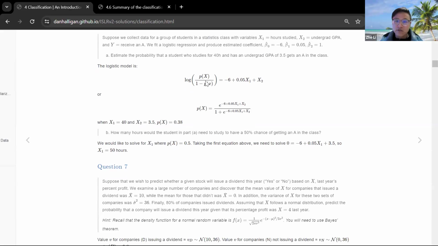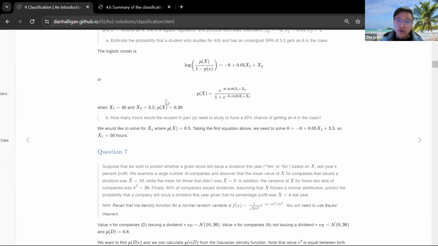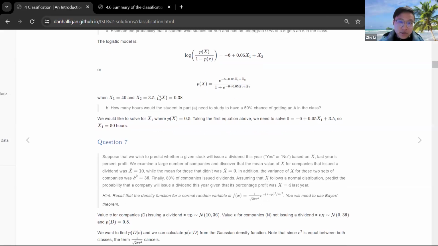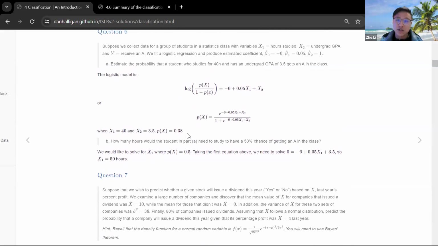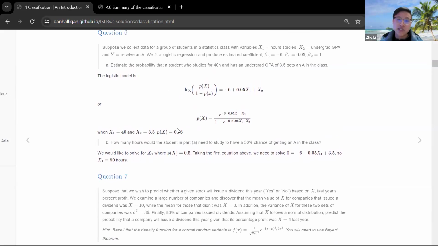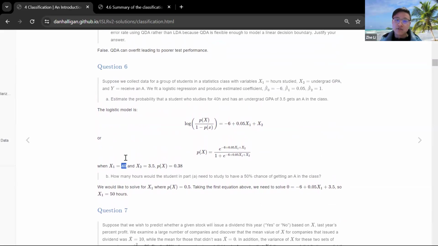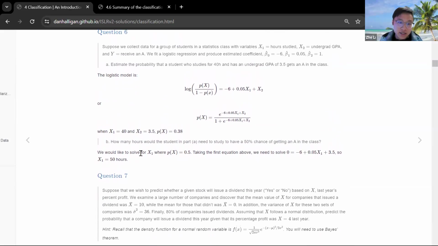So the logistic function is here, and we can reverse it by taking the logarithm, and then use this function to get a prediction of the probability that a student will receive an A if he studied 14 hours per week and has a 3.5 undergrad GPA.